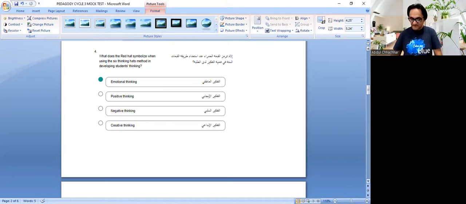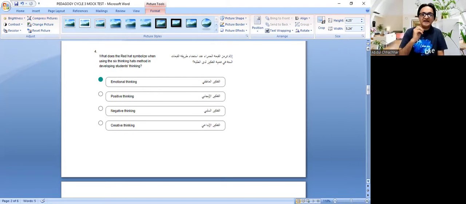As you know, the six thinking hats method has been introduced by Edward de Bono to look at a matter, problem or issue through six different angles to find an accurate and valid judgment about it. This is used in the classroom so that students can investigate a problem or real-life applications through six different perspectives. And each color represents a purpose.